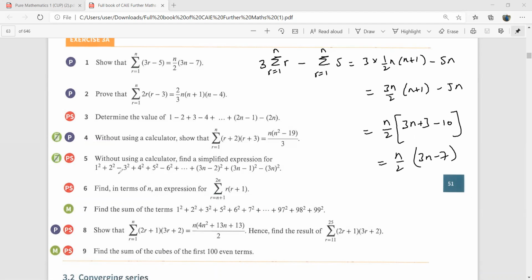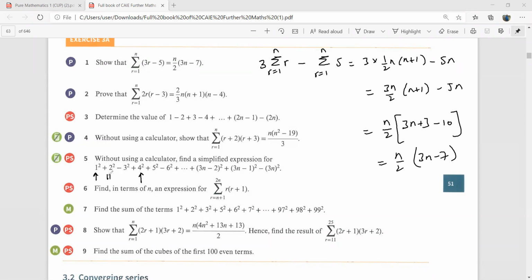And if you look at this fifth question over here, it says without using a calculator, find the simplified expression for all of this. So this is 1 square plus 2 square minus 3 square plus 4 square. So you can have a sequence. You can split this, focus onto this 1 square. Then you have the 4 square, and then you will have a 7 square over here, okay?